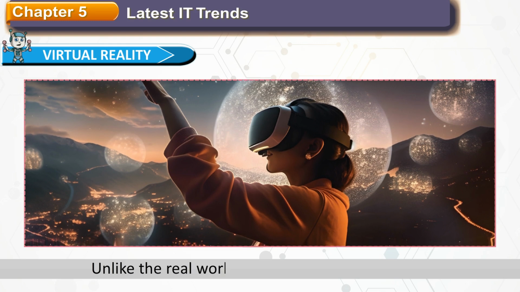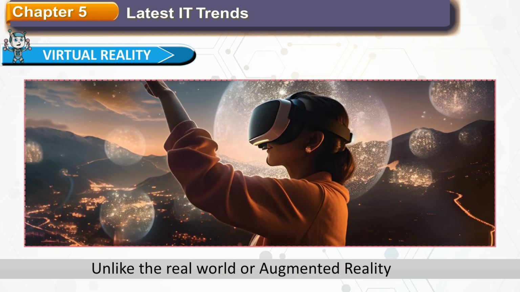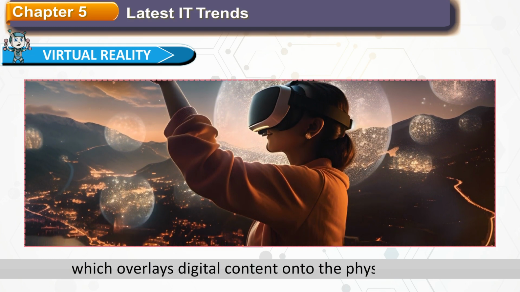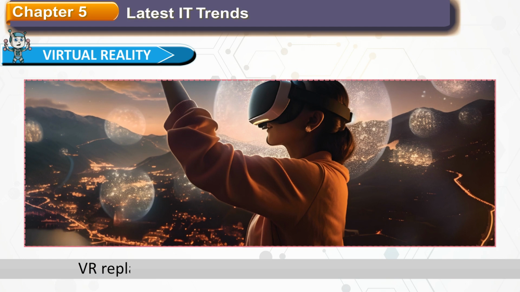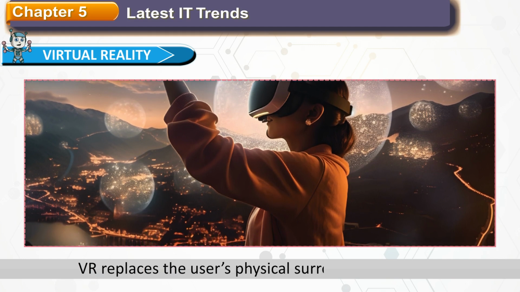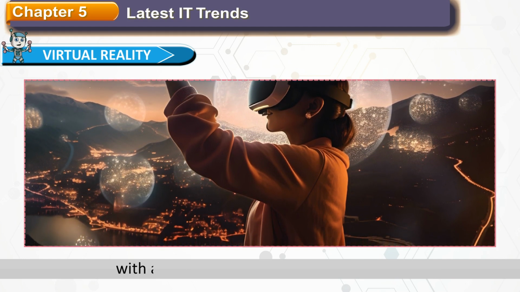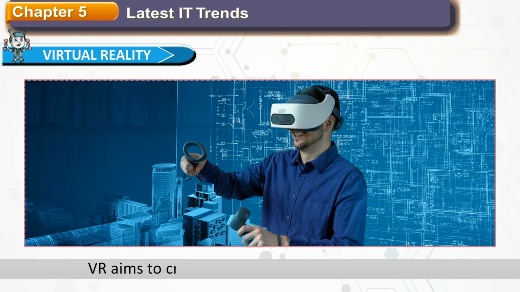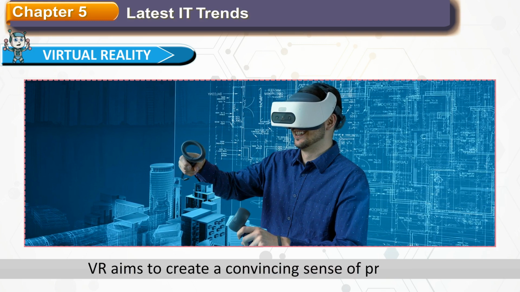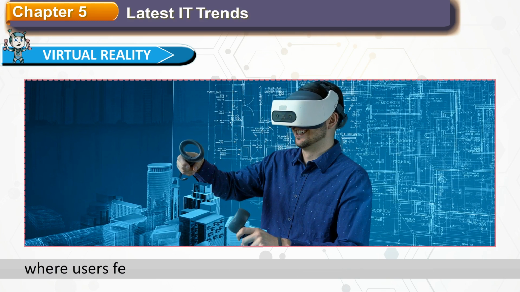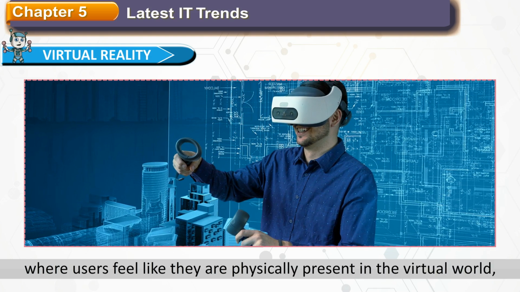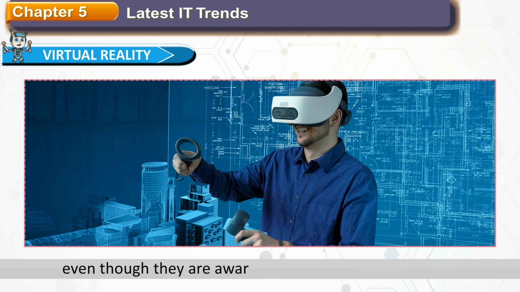Unlike the real world or augmented reality, AR, which overlays digital content onto the physical world, VR replaces the user's physical surroundings entirely with a computer-generated environment. VR aims to create a convincing sense of presence, where users feel like they are physically present in the virtual world, even though they are aware that it is a digital simulation.